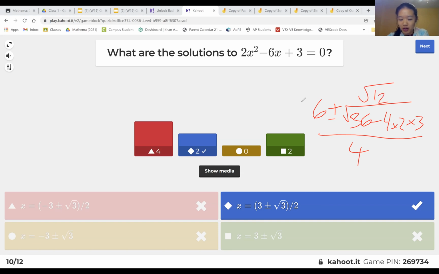So this becomes the square root of 12, and if we simplify the square root of 12, that is 2 times the square root of 3. Now everything here can be divided by 2. So the answer becomes 3 plus or minus the square root of 3, divided by 2. So it would be the blue.